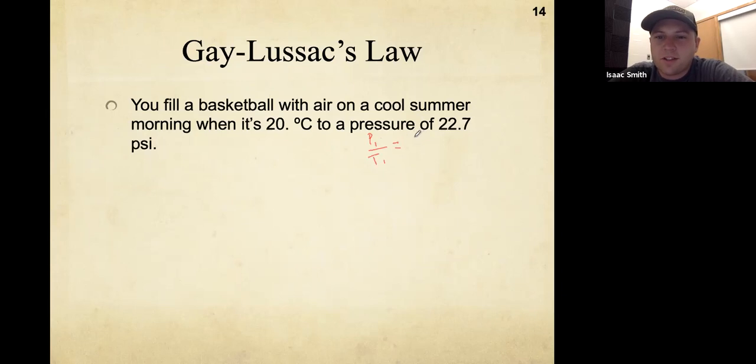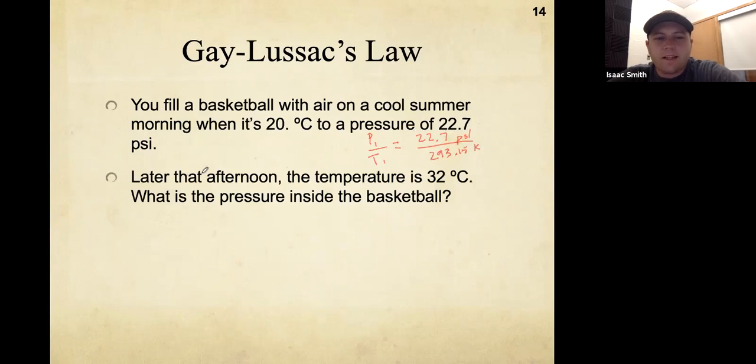So our initial pressure is 22.7 psi, and our initial temperature is going to be 20 degrees Celsius, which is actually 293.15 Kelvin. Okay. All right. Later that afternoon, the temperature is 32 degrees. What is the pressure inside the basketball?